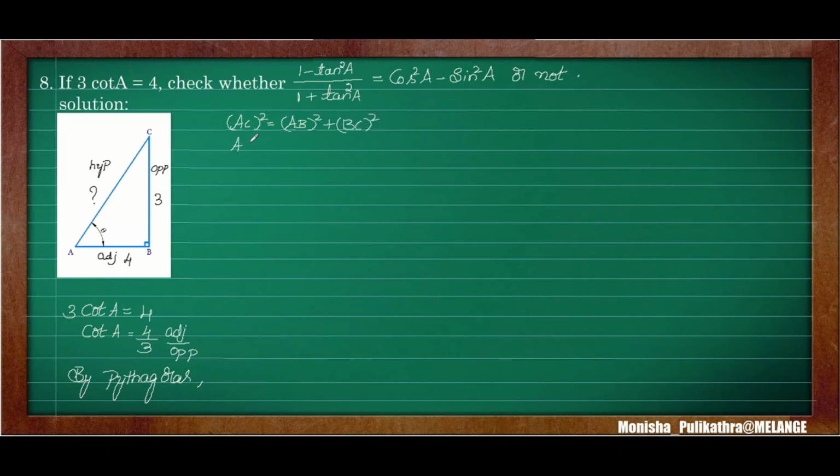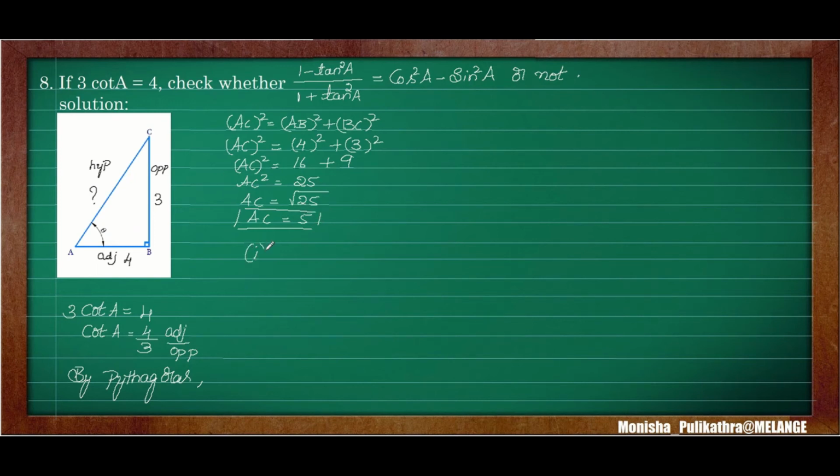So AC square is equal to AB is 4 plus BC is 3. So AC square is equal to 4 square is 16 plus 3 square is 9, so AC square is equal to 25. AC is equal to square root of 25, so AC is equal to 5. This hypotenuse will become 5.